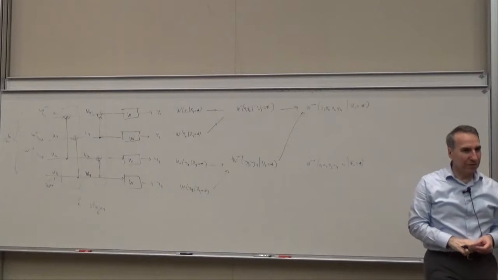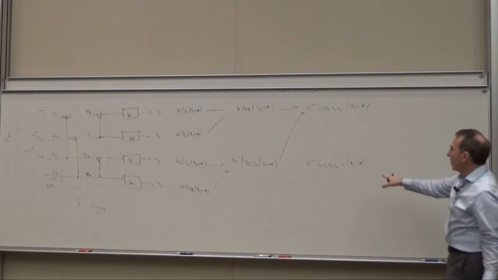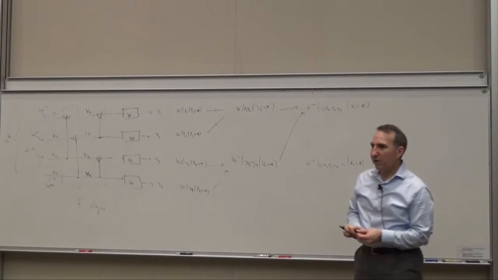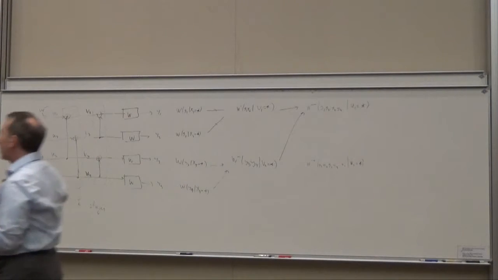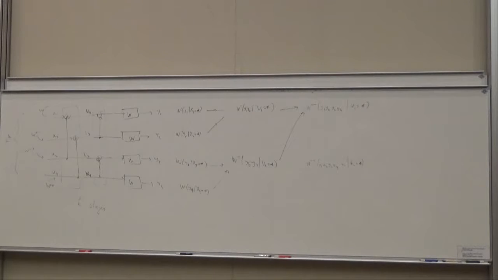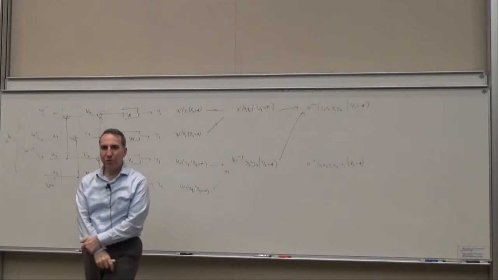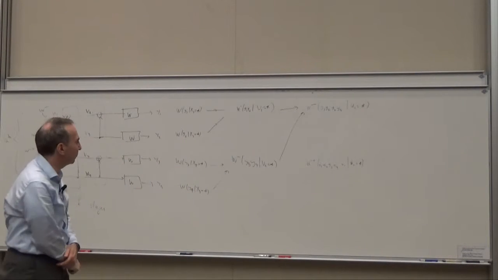You need to compute this. But this can be computed already from these 2 things here, the W plus or minus in the constituent W minus channels, which are already computed here.